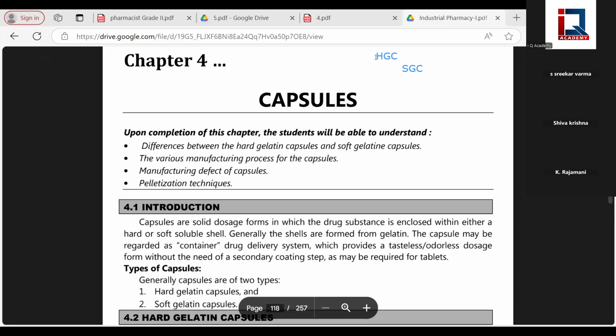The first difference is the plasticizer. Second, one is hard, one is soft. Third, in hard gelatin capsule we have sizes, and in soft gelatin capsules we have different shapes.